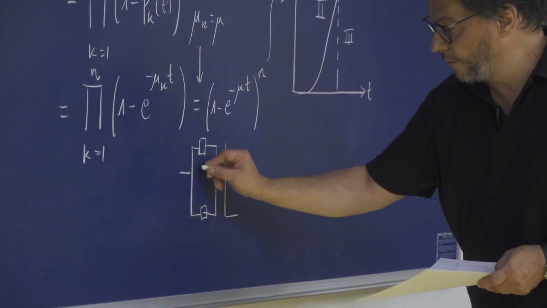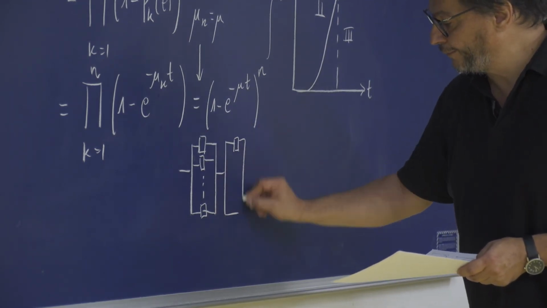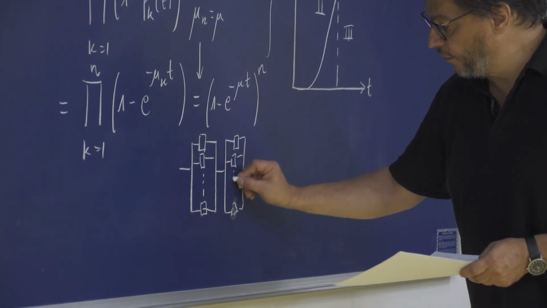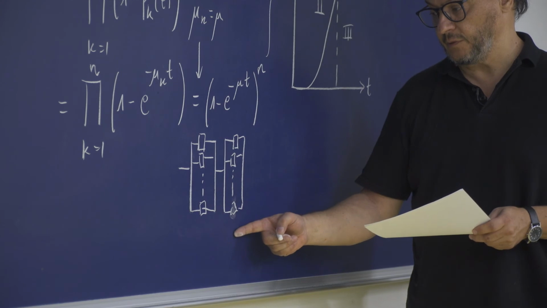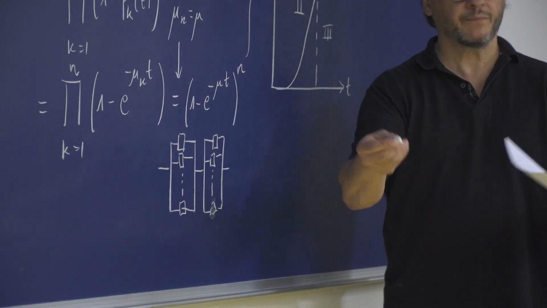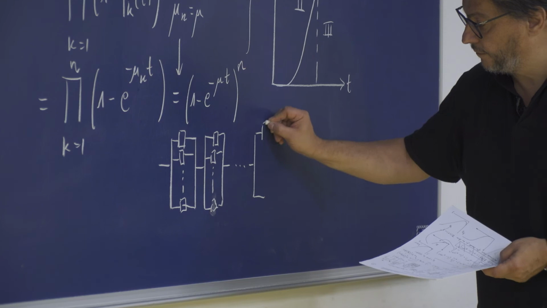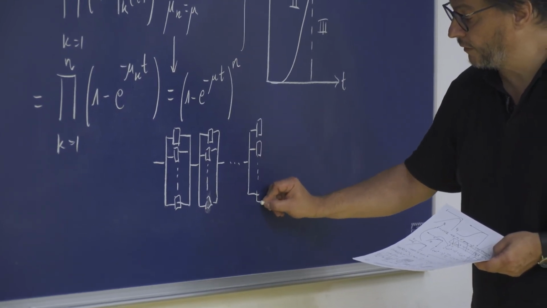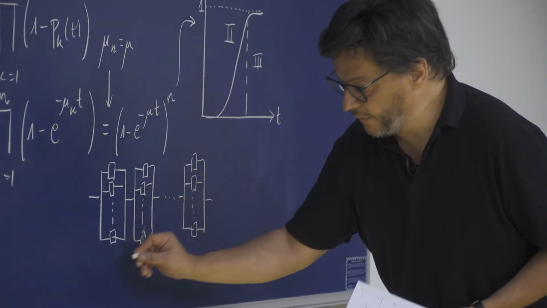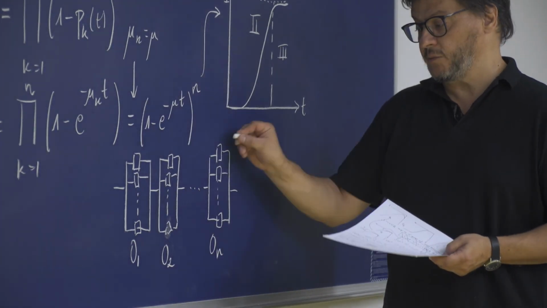My system is made of multiple elements, each one involving a parallel description. Again, think if you want in a simplified way in cells, many redundant parts. And all of these systems have to work. So I put them in series, because remember, this could be an organ, and this is subsystems within an organ.